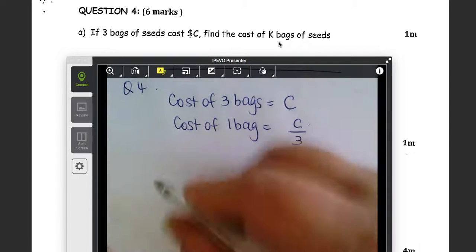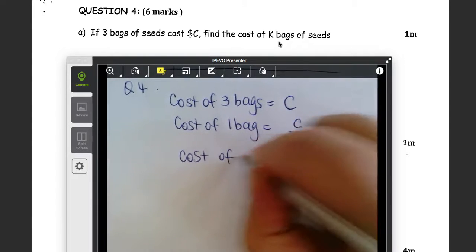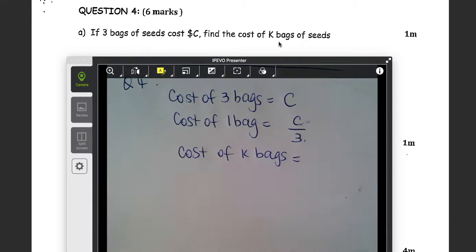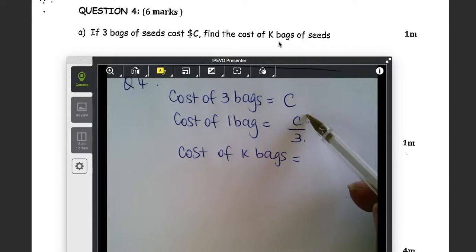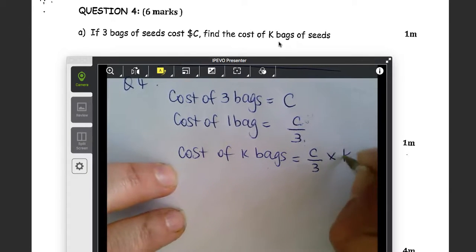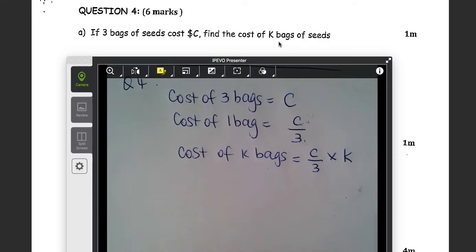Now, if that's the cost of 1 bag, how would I do the cost of 2 bags? Wouldn't I just times that by 2? Or the cost of 3 bags, I would times that by 3. So the cost of K bags will be the cost of 1 bag times how many there are, times K.